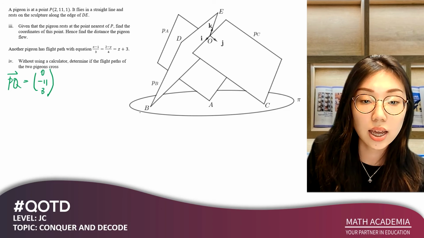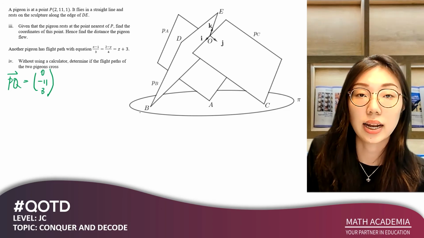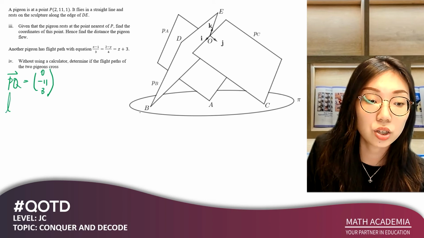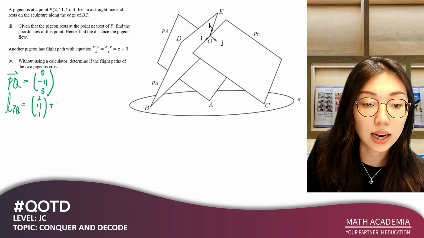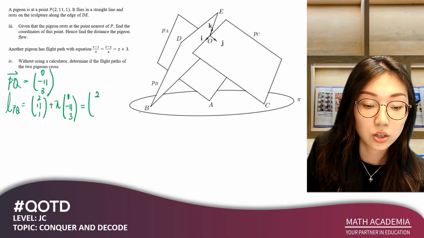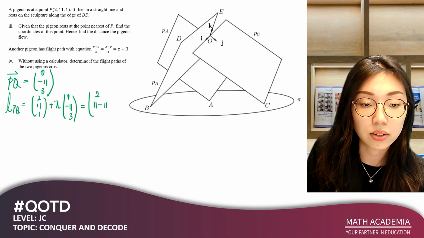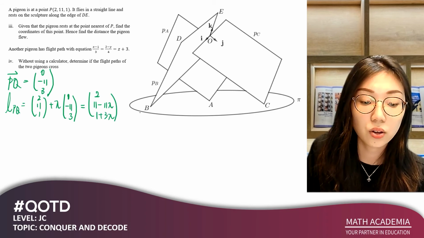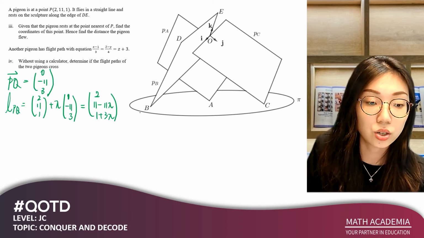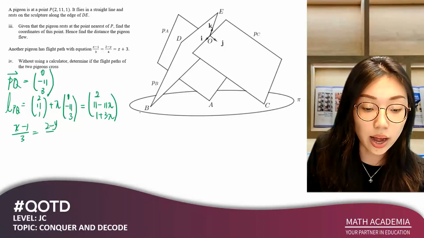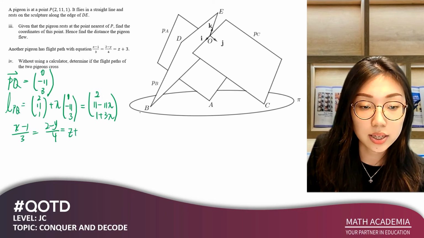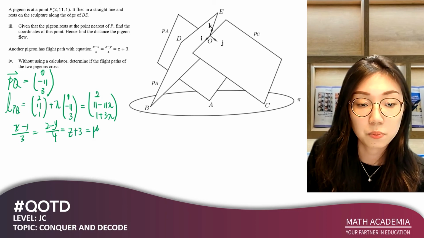So if I were to take a point that lies along the line PQ, the equation of line PQ can be represented by (2, 11, 1) plus lambda (0, negative 11, 3), which can be simplified to (2, 11 minus 11 lambda, 1 plus 3 lambda). Alright, and for the second pigeon, we would let (x minus 1) over 3 equals (2 minus y) over 4 equals z plus 3 be represented by mu.